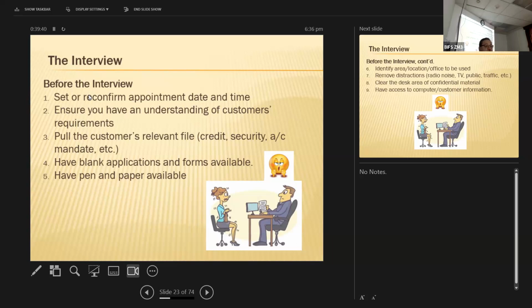For example, you expected one person to come in, and they say, oh, this is going to be a joint application, so they throw a curveball to you. Possibly on your way to escorting them to a cubicle or the office, you may want to say to your administrative assistant, could you get me a joint form, or another form that may need more than one signature, because you have it for the single person, or you may have it for the company.